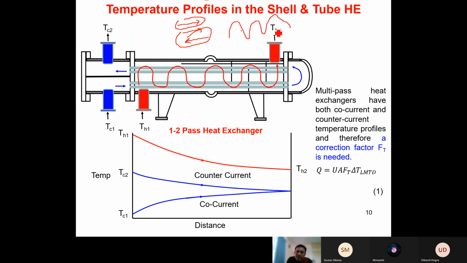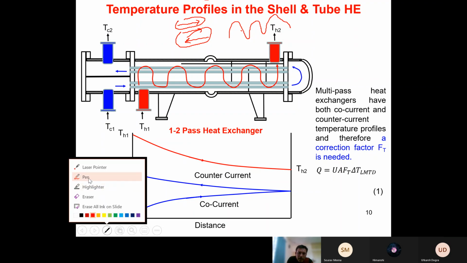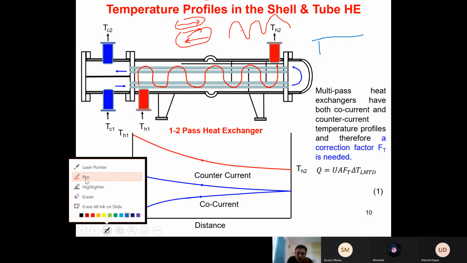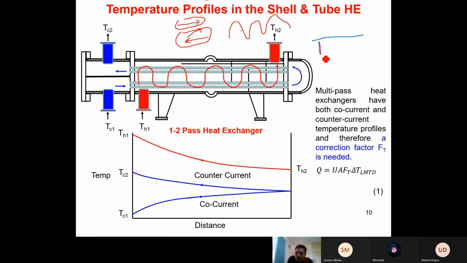So at some location, if I show it by a different color, the cold fluid is flowing like this, but the hot fluid is moving in this direction, then coming back like this, then moving in this direction, then coming back like this, isn't it? Do you agree with me?